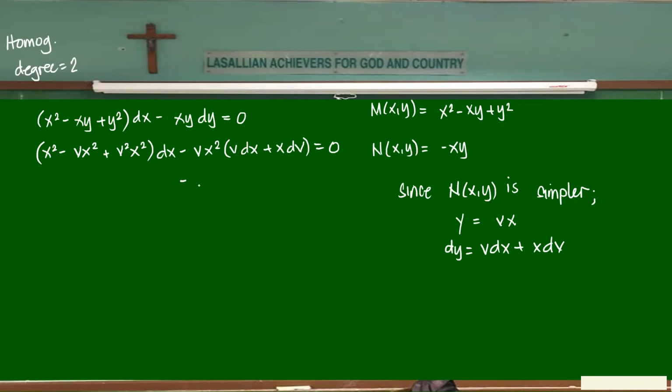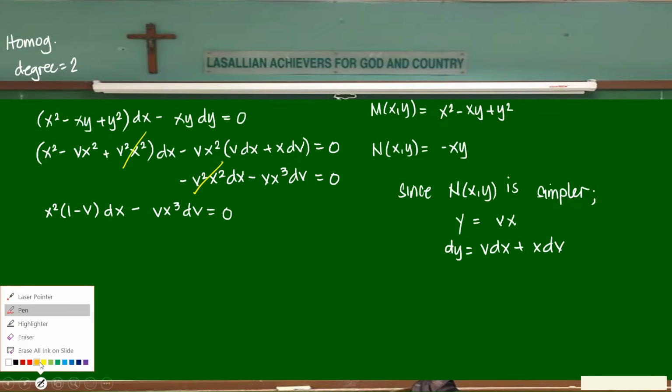Okay, so here, v squared x squared dx minus v x cubed dv is 0. And then what you'll notice here is that they cancel out. So what can I factor out from the first term? I can factor out x squared, leaving me with 1 minus v dx minus v x cubed dv is 0.